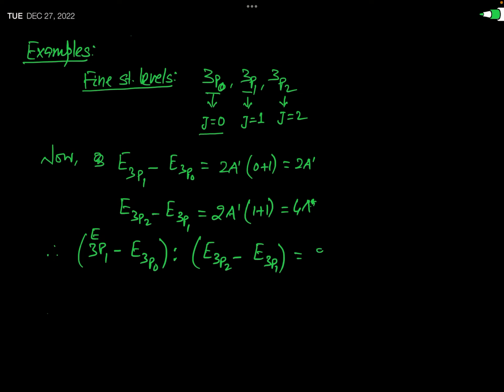This is 2a prime is to 4a prime, and this will be simply 1 is to 2.